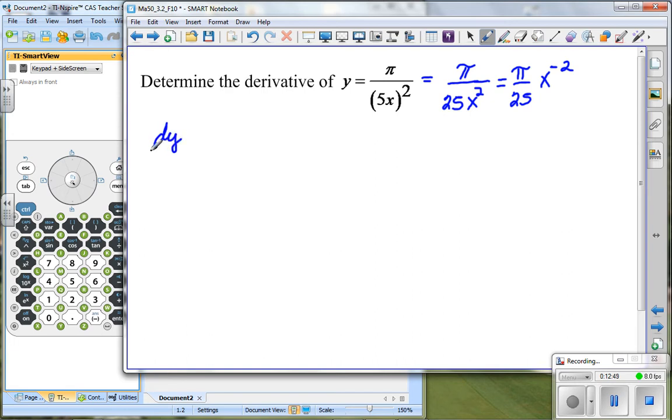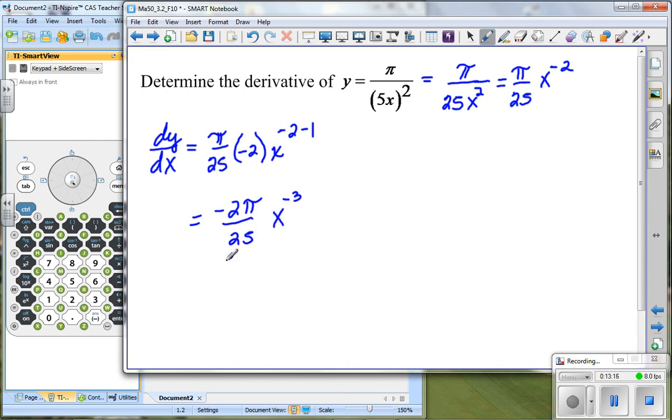So now, if I want to find the derivative, and again, dy dx is our notation indicating that we are going to look at our derivative, we take our coefficient times our exponent, and then remember, we're always subtracting 1 from the exponent. So we end up with negative 2 pi divided by 25 x to the negative 3. Again, remember, I want to have all positive exponents on the variable, so we'd have negative 2 pi divided by 25x cubed.